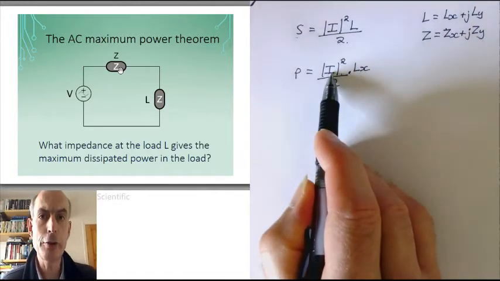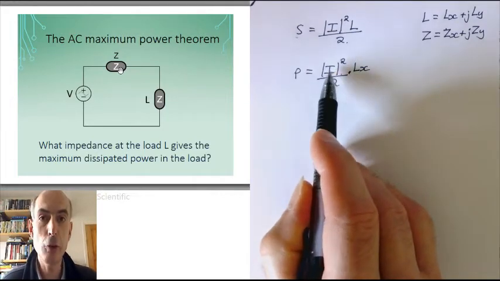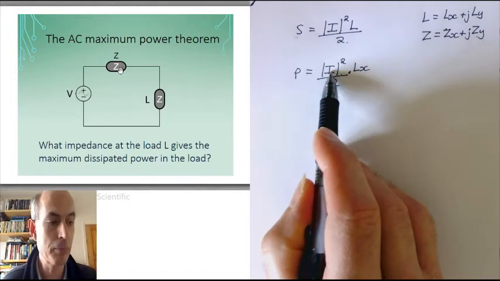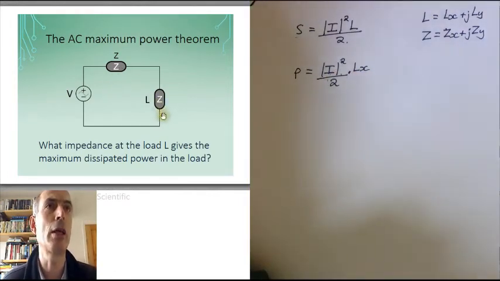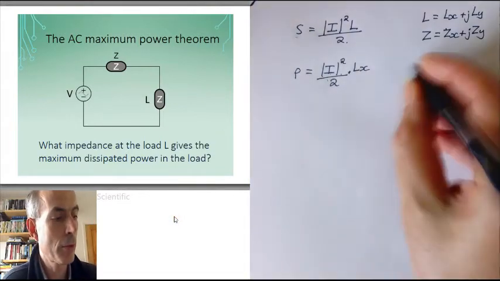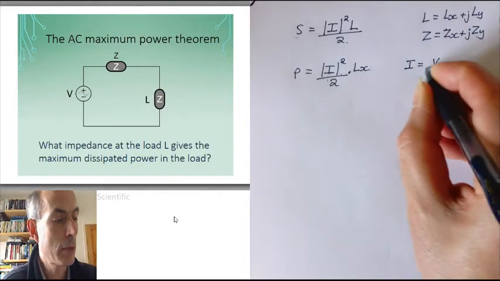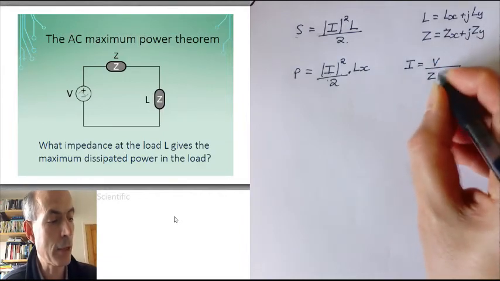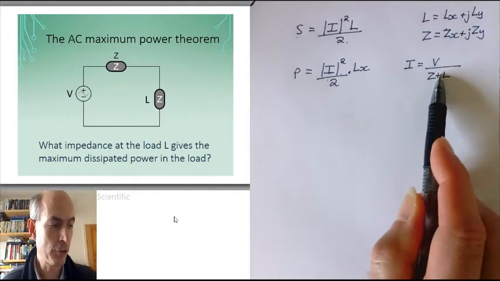How do we get the current? Well, that's the current phasor. The current phasor is the voltage phasor divided by the complex impedance, and the total complex impedance in our network is Z plus L. So the current phasor, I, would be the voltage phasor V divided by Z plus L. We want the square of the modulus of this.